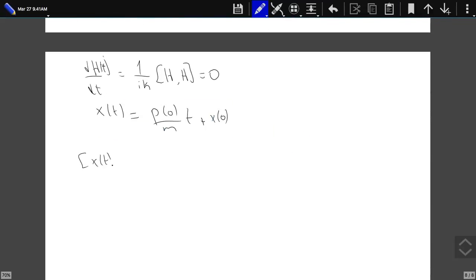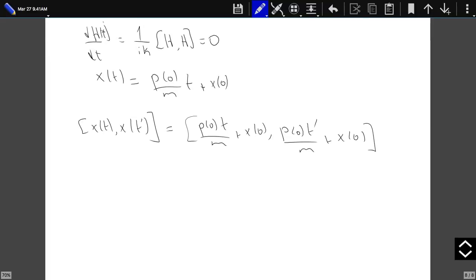What about the commutator of x at two different times? Is it 0 or not? Let's see. This should be equal to p0 t over m plus x of 0. No, p0 times t prime over m plus x of 0.